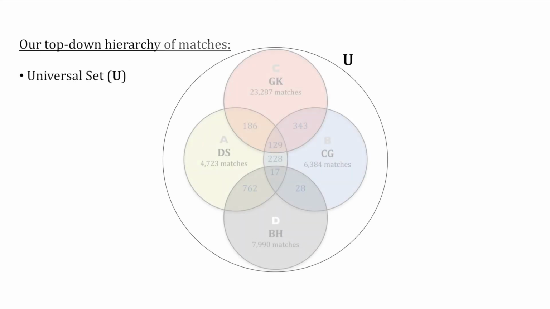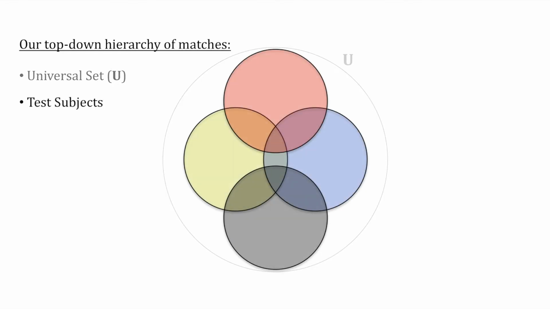To review our hierarchy of matches from the top down, our universal set contains every DNA match of every test subject. Thus far, our universal set contains 44,635 matches. The universal set is composed of the matches of individual test subjects. Subject A is designated as the nexus of the investigation.